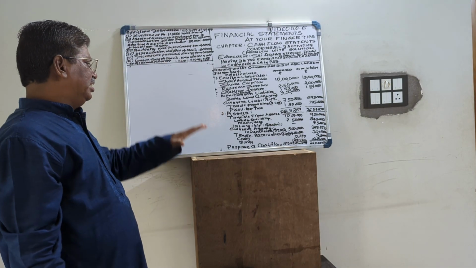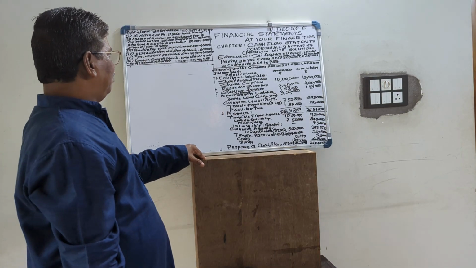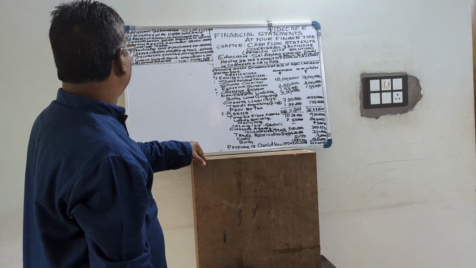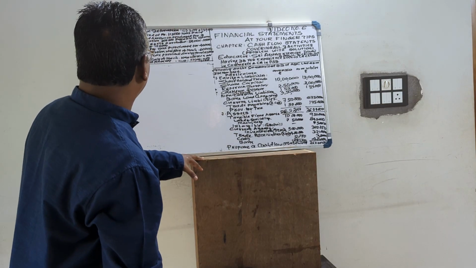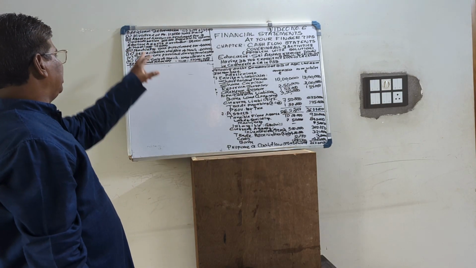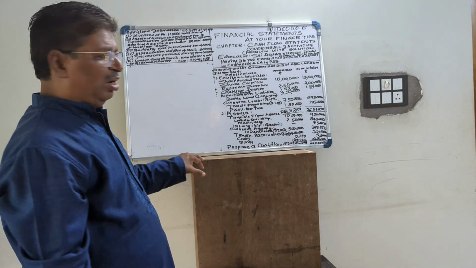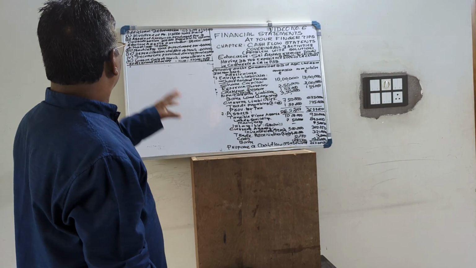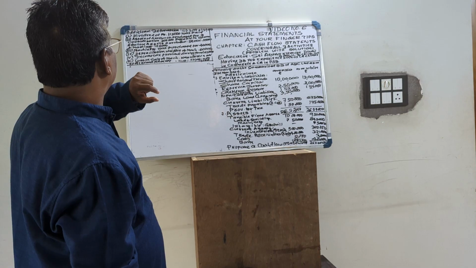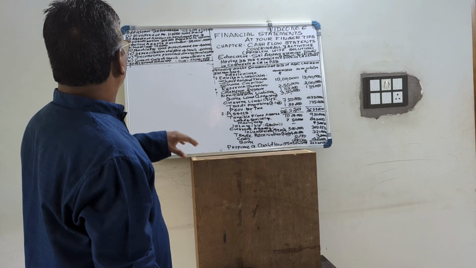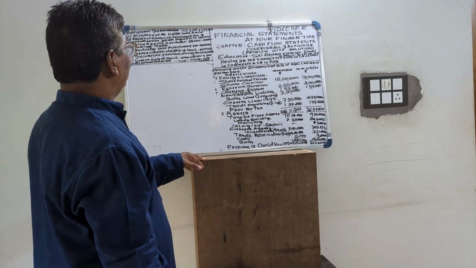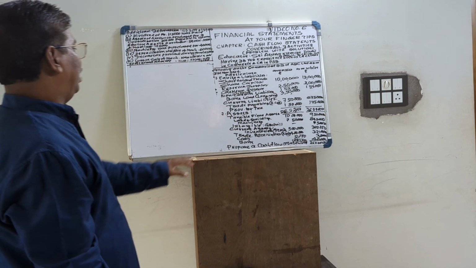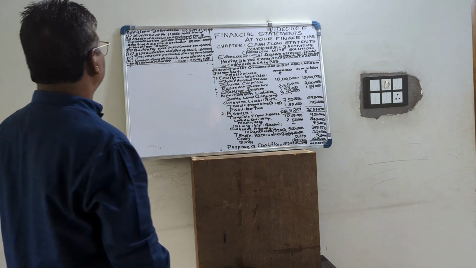Here this dividend is non-operational, it does not come under operating activity, so it will be added. Net profit will add provision for dividend 1,15,000. We have paid this dividend to the shareholders, so this is from financing activity.